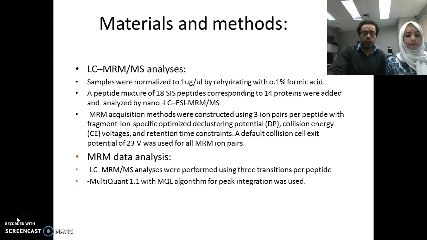The next step of material and method is LC-MRM MS analysis. Samples were normalized to 1 microgram per microliter by rehydration with 0.1% formic acid.